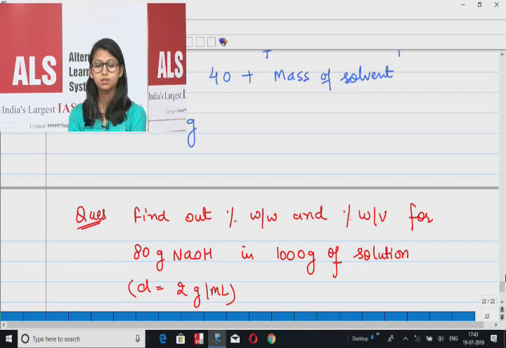Okay, I got the answer for percent W by W. That is correct. Kohima Center, Tetsu College, give me the answer.